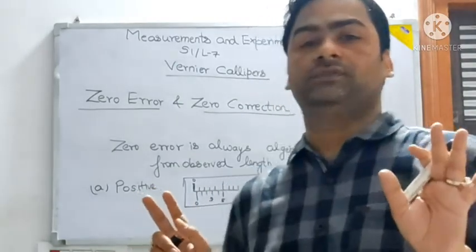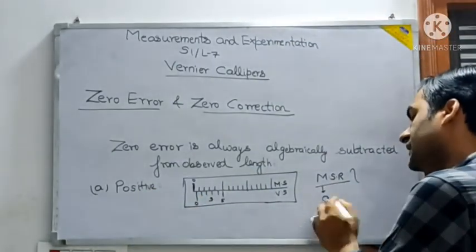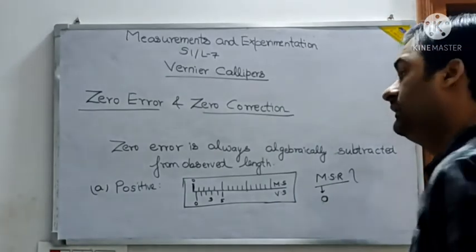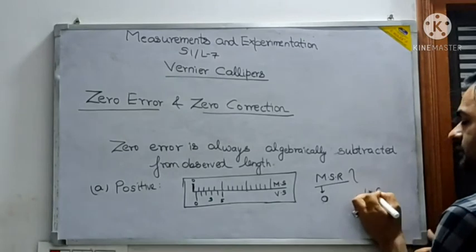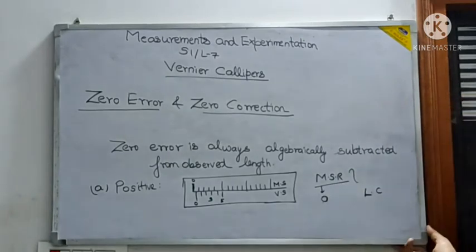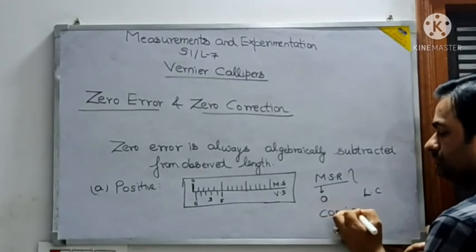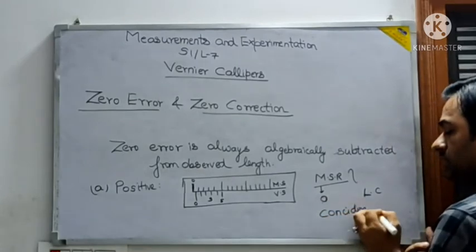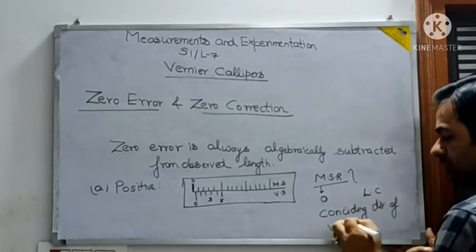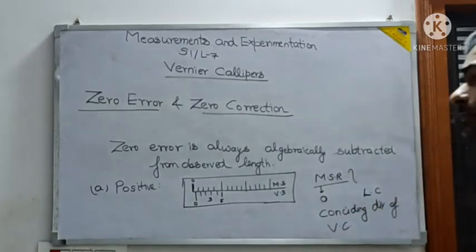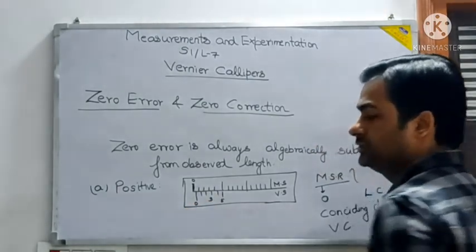Just understand things first. For finding the value of zero error, we need the main scale reading, MSR. We also need one more thing, least count. Least count we need, and then we also need the coinciding division of vernier calipers. Let me see here. 1 division, second division. It is not third, it should be fourth.